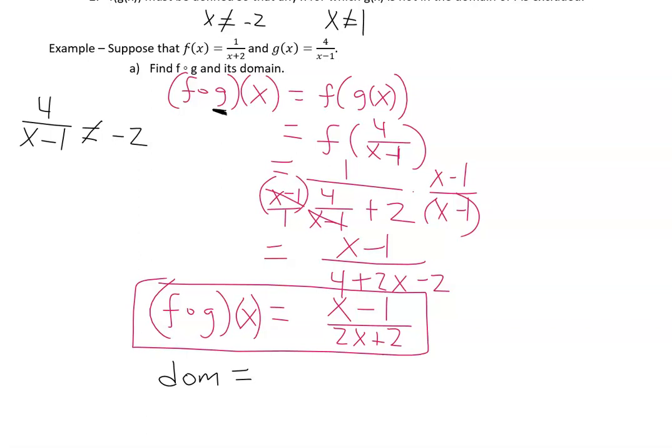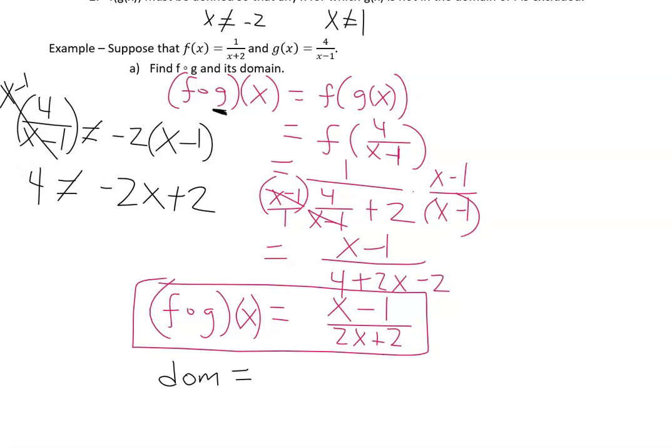So how do I solve this? I start by multiplying both sides by x minus 1. The x minus 1's divide out, and I'm left with 4 is equal to -2x plus 2. And remember, this is what we don't want x to be equal to.